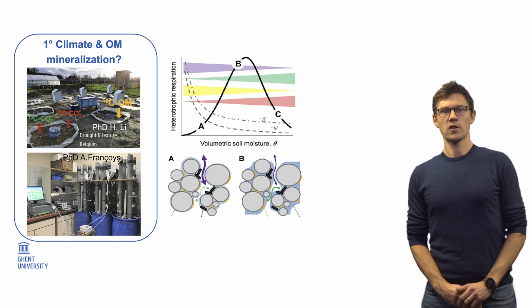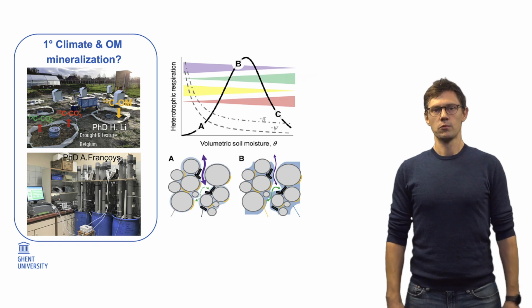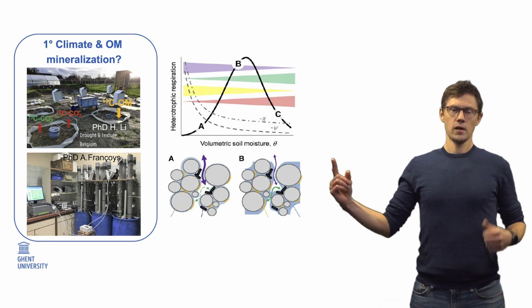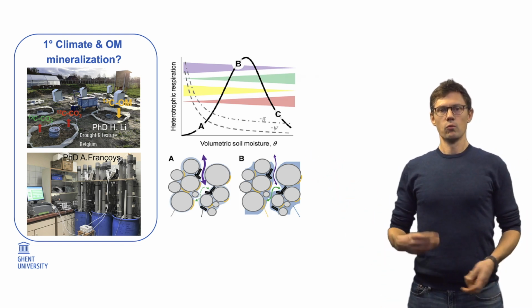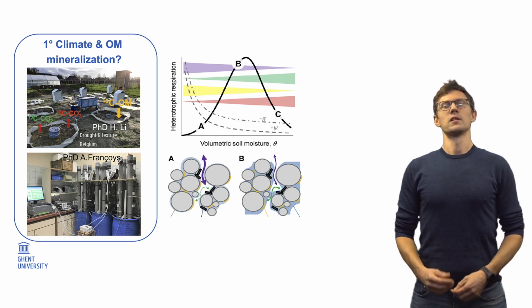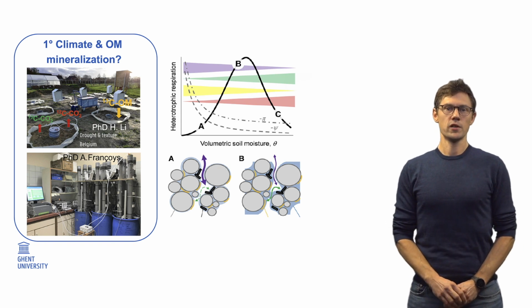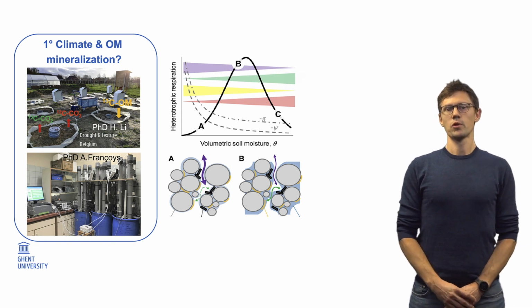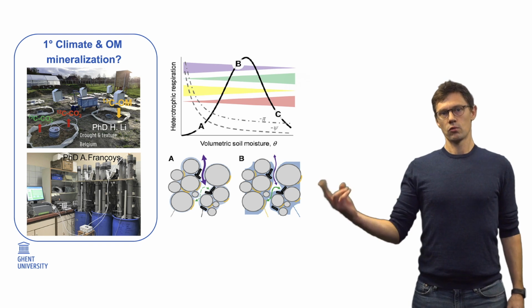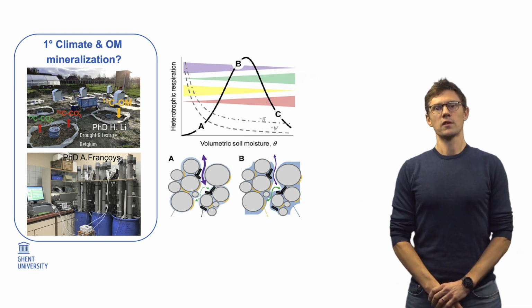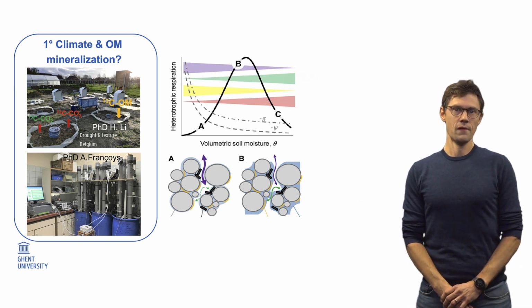We know that there exists a bell-shaped relation between heterotrophic activity and soil moisture content, with optimal conditions at intermediate soil wetness. We are testing how that mathematical relation is moderated by properties like soil texture or organic matter quality, and we do that to improve ecosystem models.